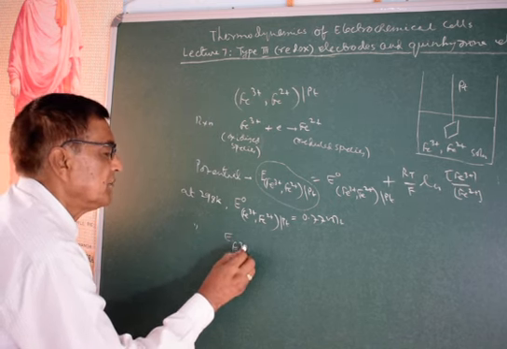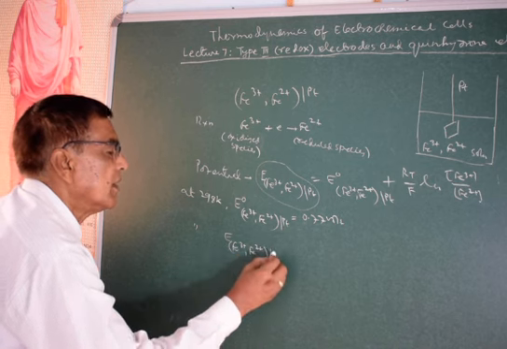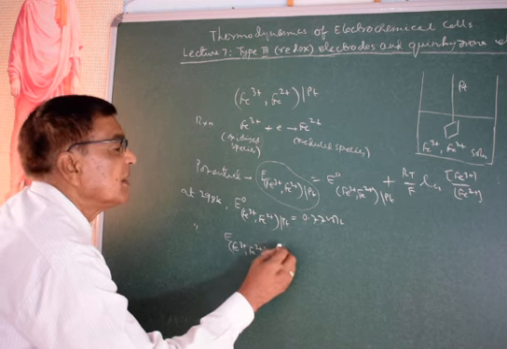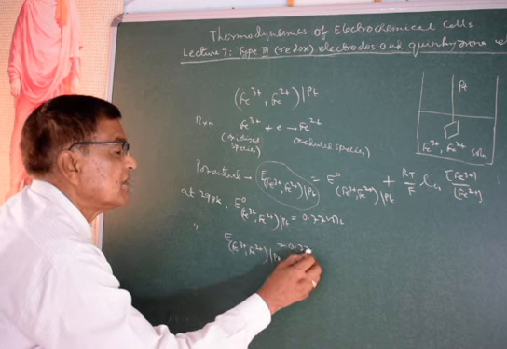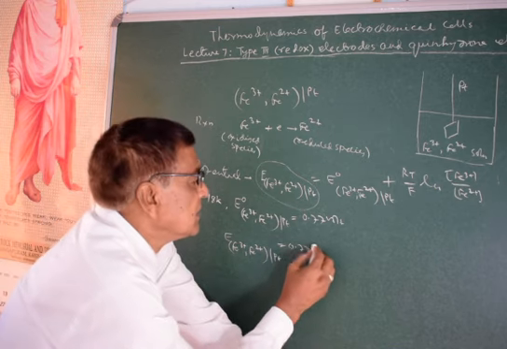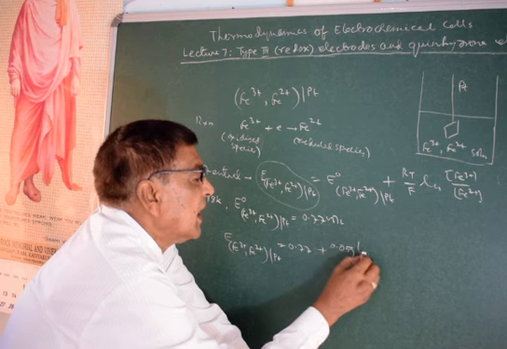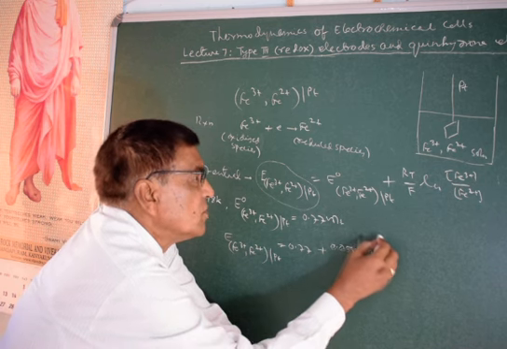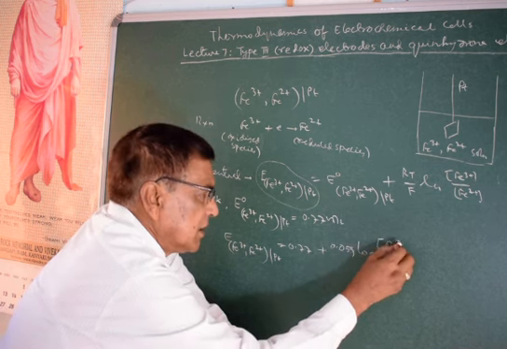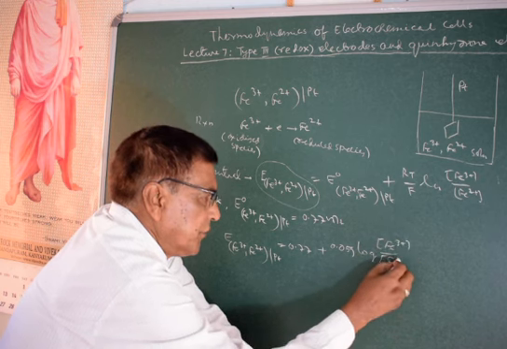E of Fe3+, Fe2+ and platinum equals 0.77 volt plus 0.059 log of the concentration of the oxidized phase, ferric 3+, over the concentration of ferrous.